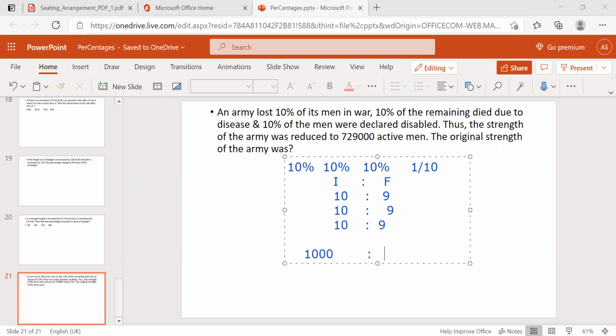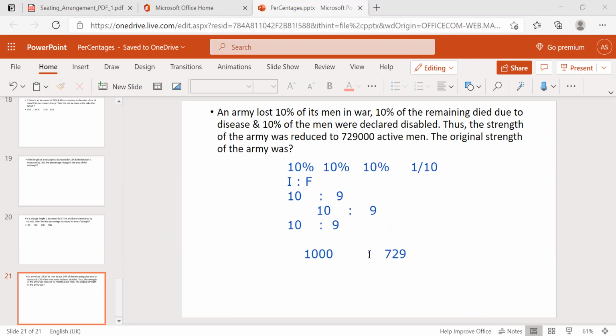Then 9 cube is nothing but 729. Now we just know the information about this. Initially it is 1000 parts, and after 3 times of deduction it's reduced to 729. Okay, is it clear?